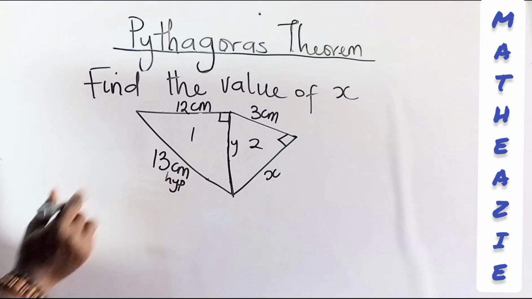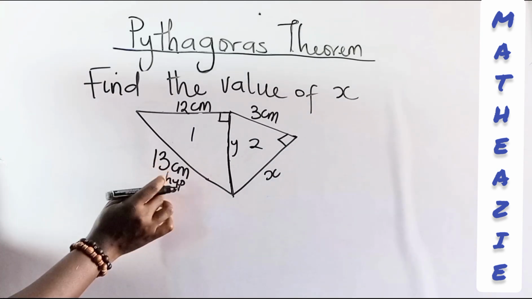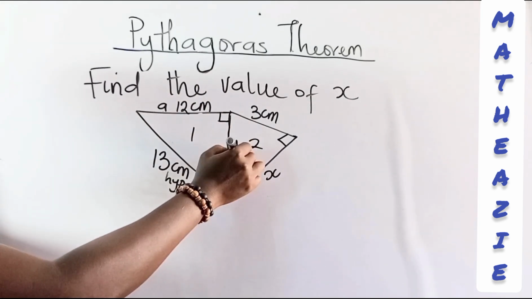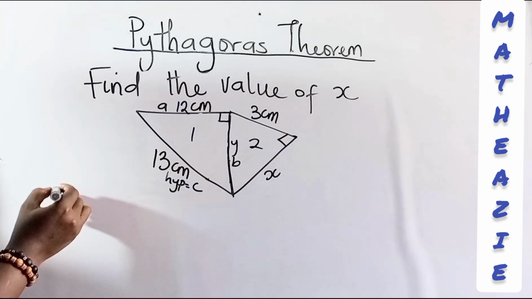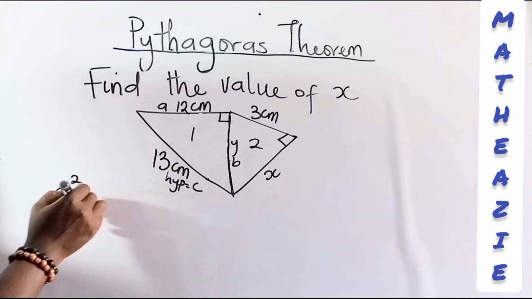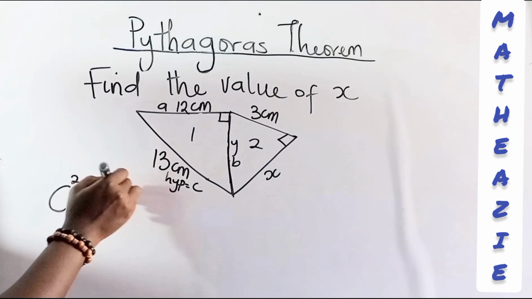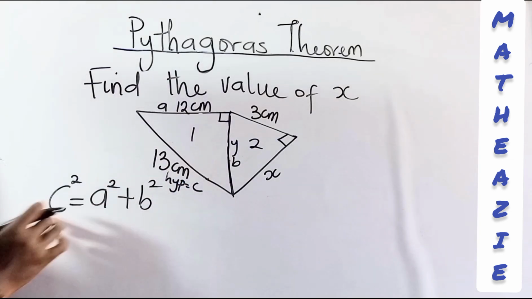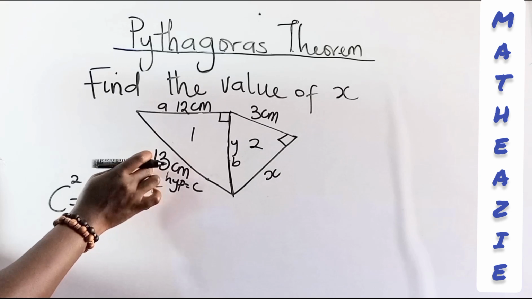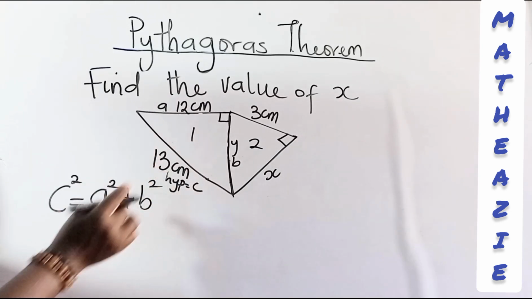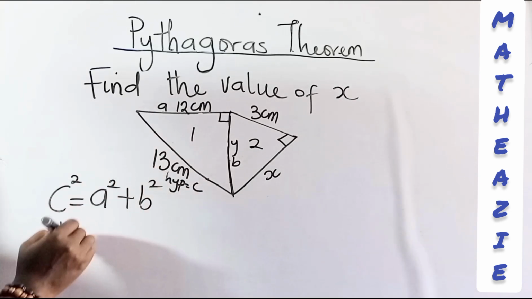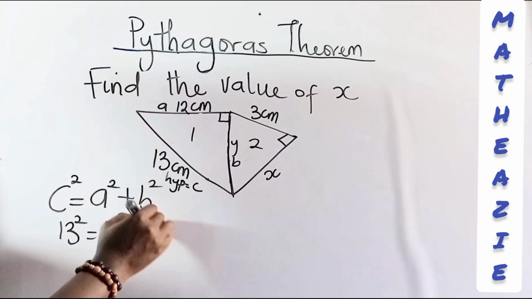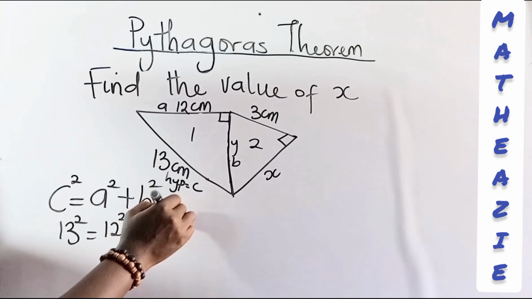Now, the theorem says that if we call this side C and this A, this becomes side B. And the theorem says C squared equals the square of A plus the square of B. Now, let's input our values. C in this right angle triangle is 13. So we have here 13 squared equals our A equals 12 squared plus our B is unknown.